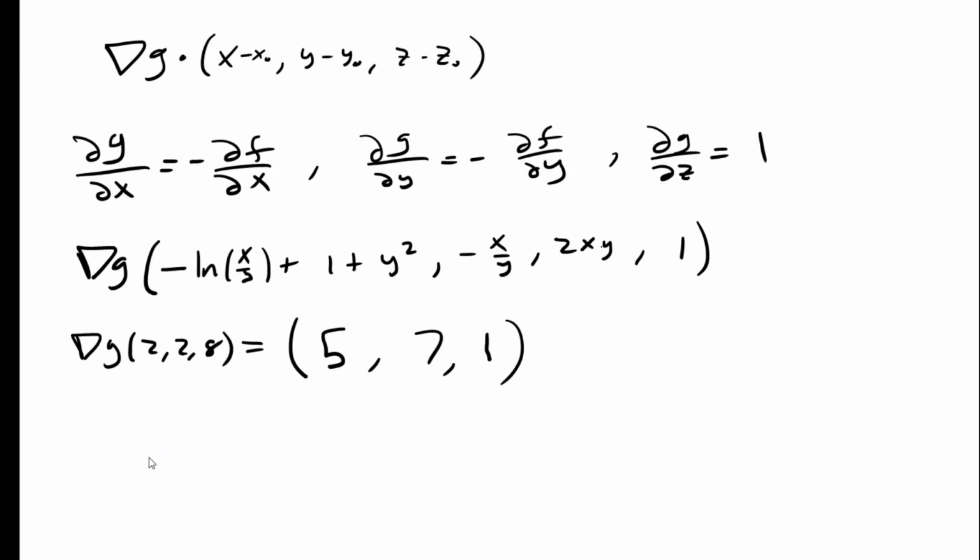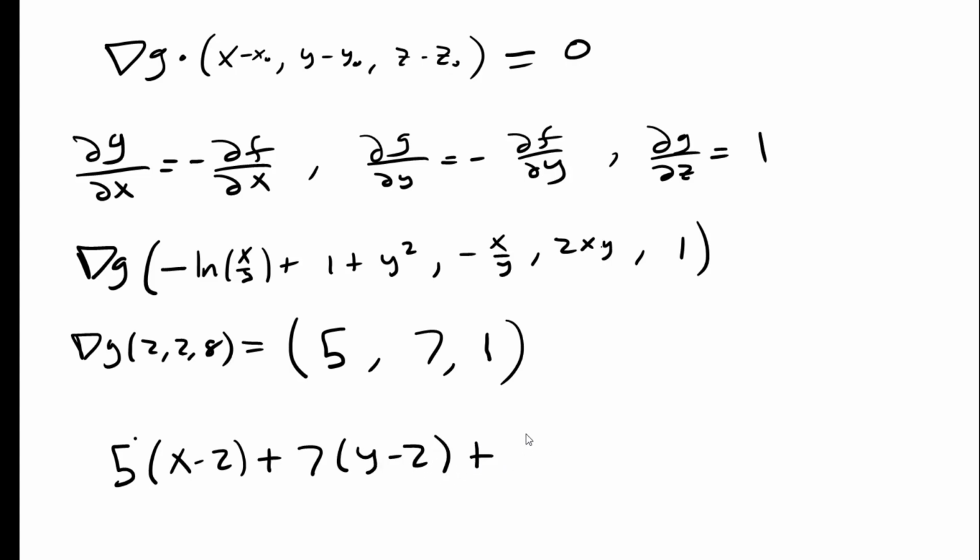Okay, so I do this dot product and this is going to be equal to 0. That's the tangent plane. So I'm going to have 5 times (x minus 2) plus 7 times (y minus 2) plus (z minus 8) equals 0.